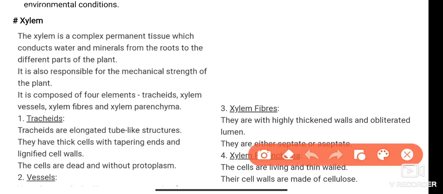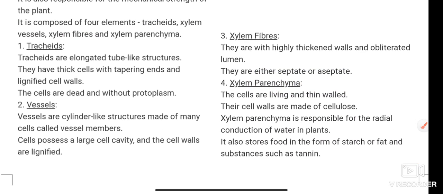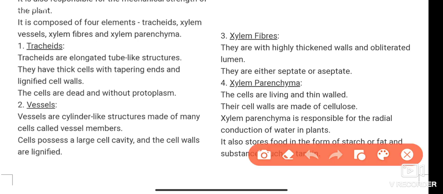The four components of xylem are tracheids, vessels, fibers, and parenchyma. Let us discuss one by one. Tracheids are elongated tube-like structures with thick cell walls, tapering ends and lignified cell walls.